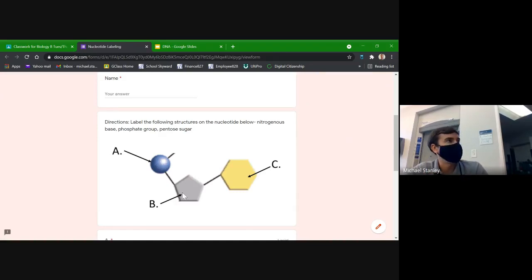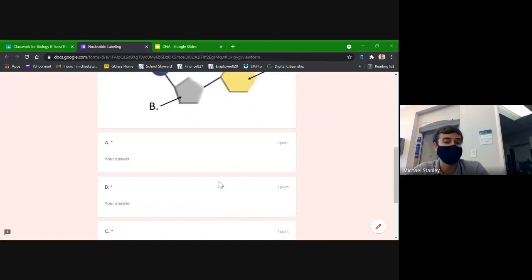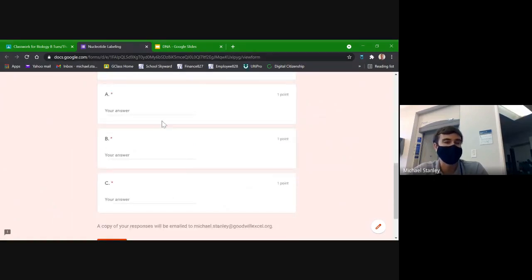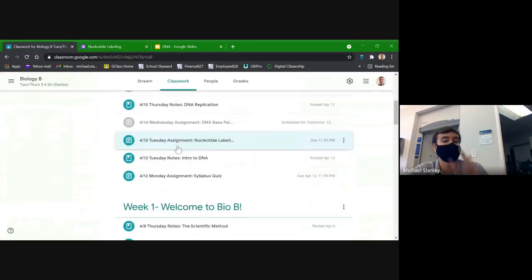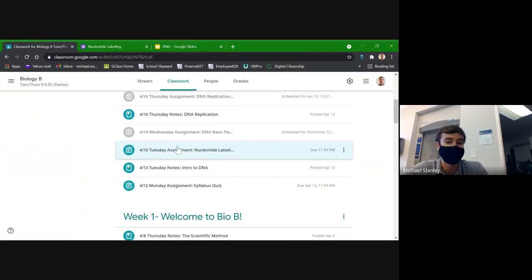So A, B, and C are the three different parts of a nucleotide, and I want you to label which part they're pointing to in the little labels down here. That's for today's assignment. It should only take maybe a couple of minutes, especially after going through the notes today.